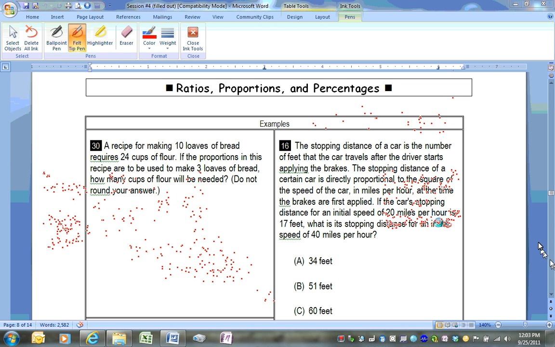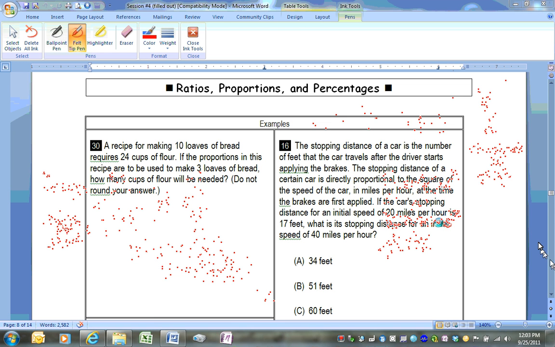Right, so what does k represent? Does anyone remember? Yeah. k is the constant of proportionality. So in this case, k equals d over s squared.